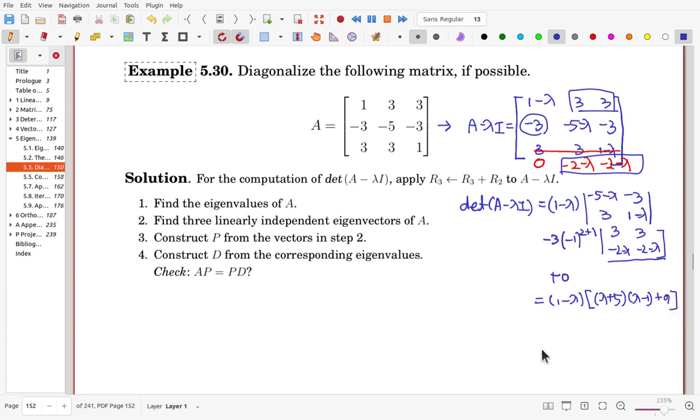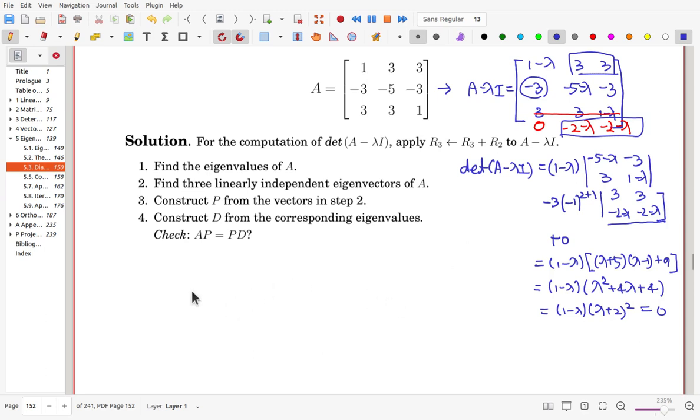So that is the same as 1 minus lambda times lambda squared plus 4 lambda, minus 5 plus 9, so that is plus 4. So here there's 1 minus lambda, and lambda plus 2 squared. If we solve this characteristic equation, we reach lambda equals 1, minus 2, and minus 2.